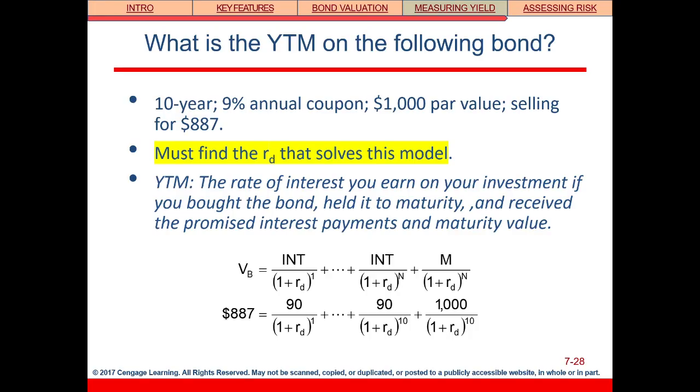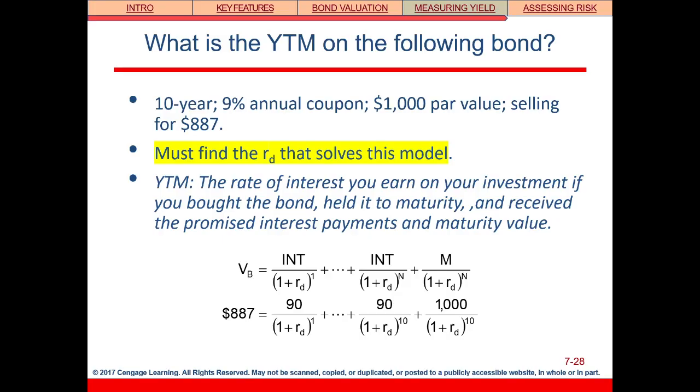Assume that N is the number of years to maturity, and then payment is the interest payment you receive every year, and the future value will be the face value in the end, because you are going to hold it till maturity. So in the end, you're going to receive the face value. And then you bought the bond at a certain price.